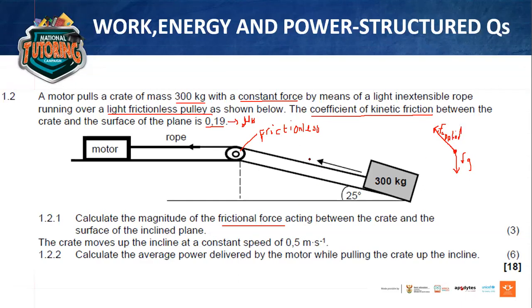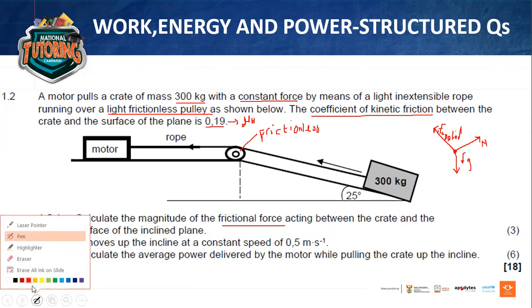Then I must have the normal force. The normal force, remember, acts perpendicular to the surface. There's the normal force, my dear learners. And then remember, there is frictional force as well.